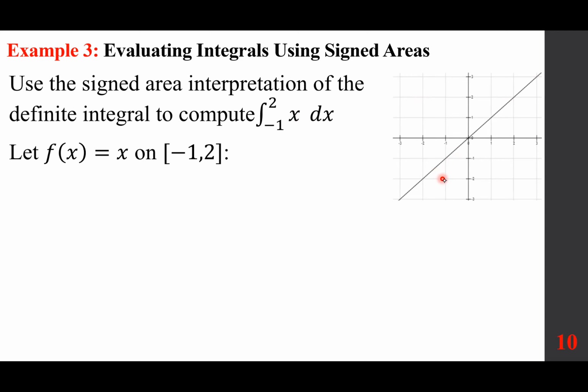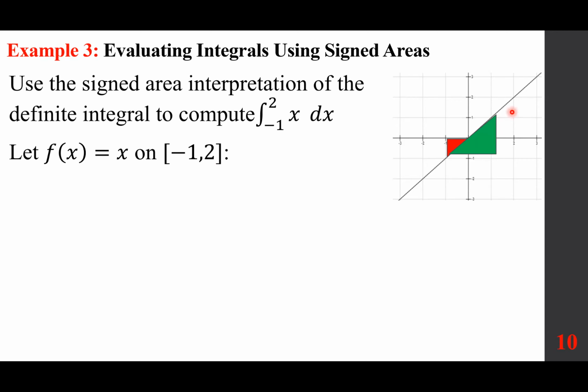And if we want the area that is bounded by this line and a equals -1 and b equals 2, that means we have this portion and this portion. This actually should go up here to 2.